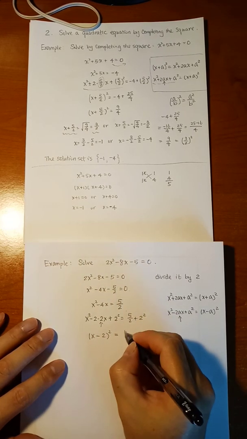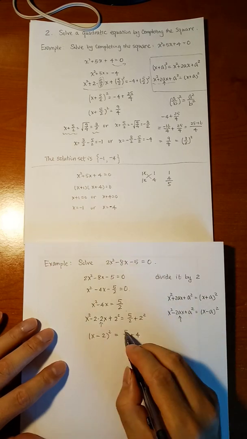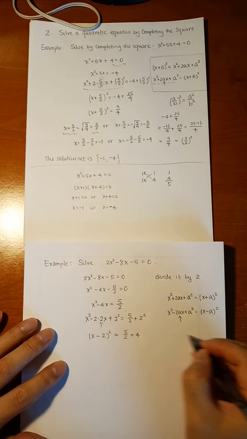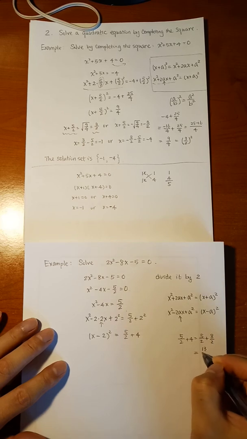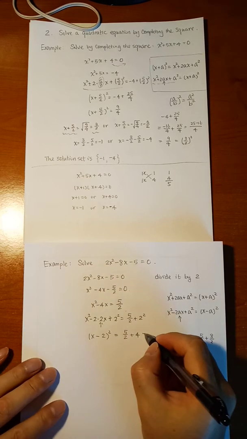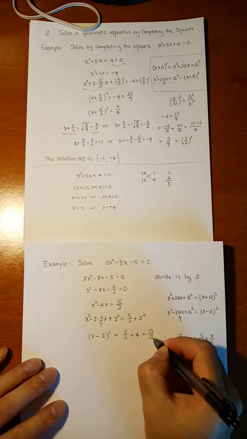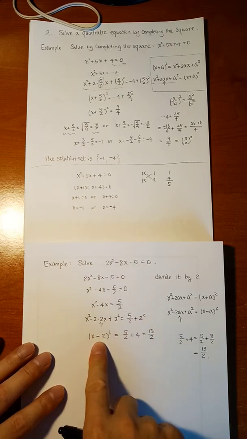The right hand side is 5 over 2 plus, well, what is this? This is 4. 5 over 2 plus 4 is 13 over 2. Okay? So now we're again back to a good position.